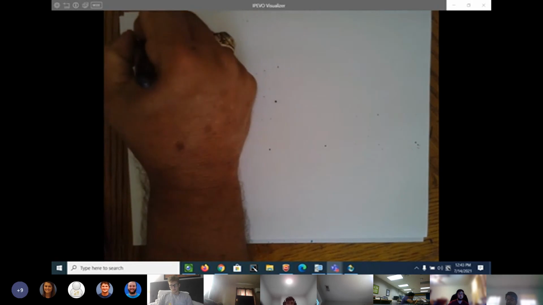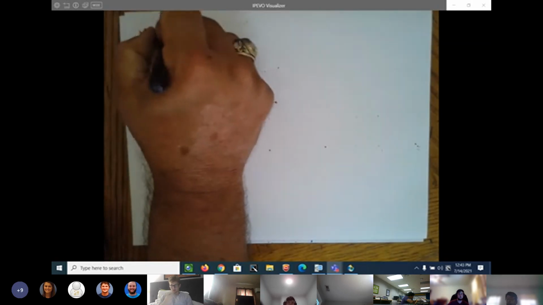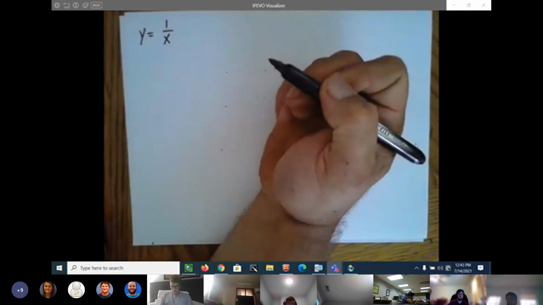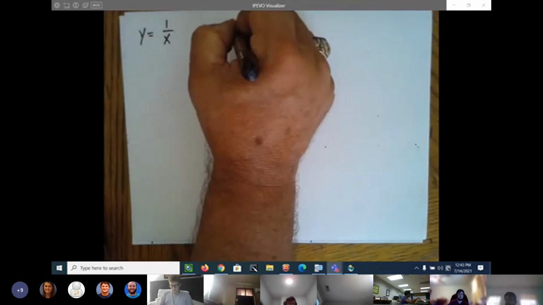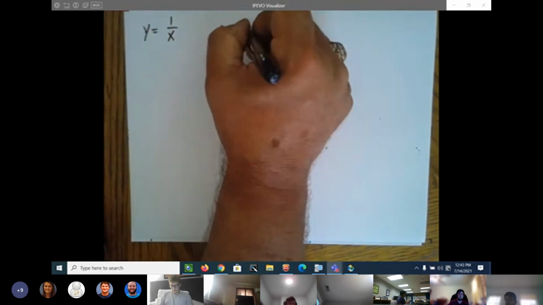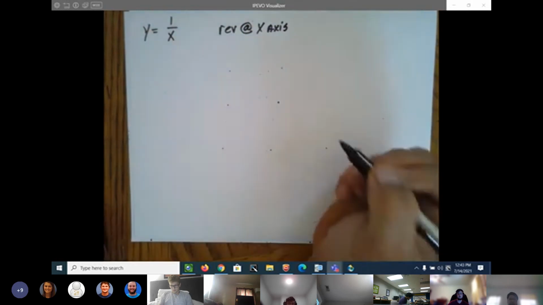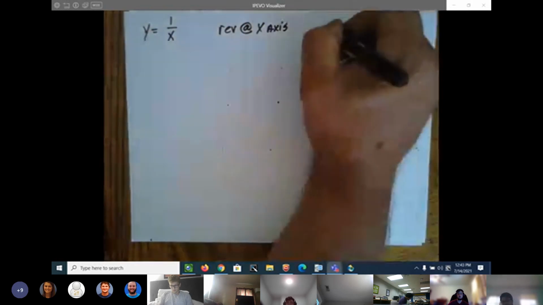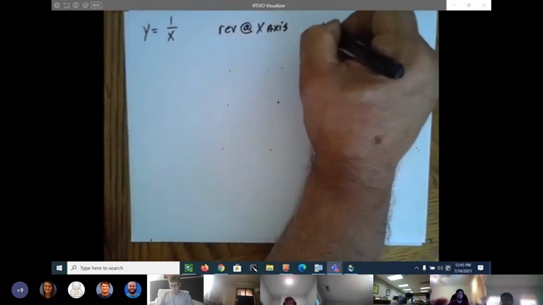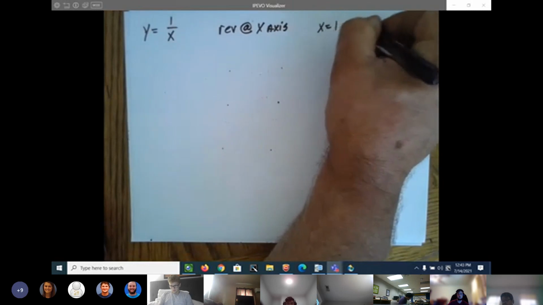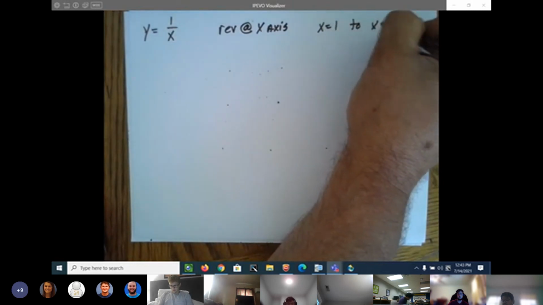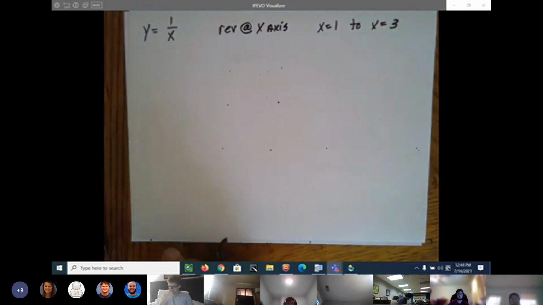Y is equal to 1 over x, revolved around the x-axis, going from x equal to 1 to x equal to 3. I want y'all to do this one. I'm going to let y'all do it.